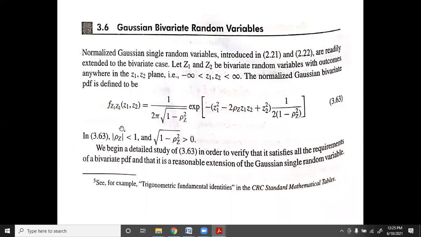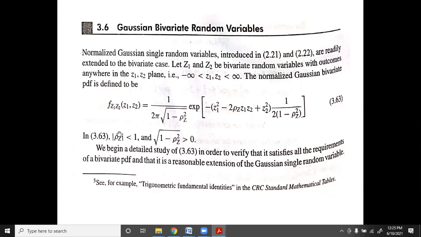Here the magnitude of rho_z is less than 1, that means rho_z is somewhere between minus 1 and plus 1. You can write it in the same way: minus 1 less than rho_z less than 1, or mod rho_z is less than 1. These are equivalent. So the square root of this will naturally be less than 1 only.